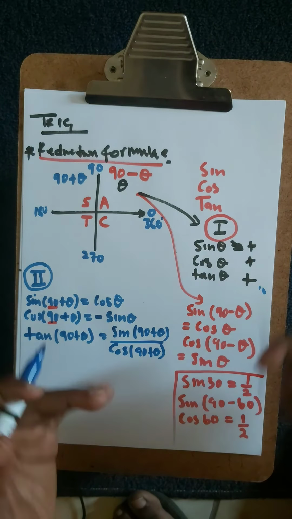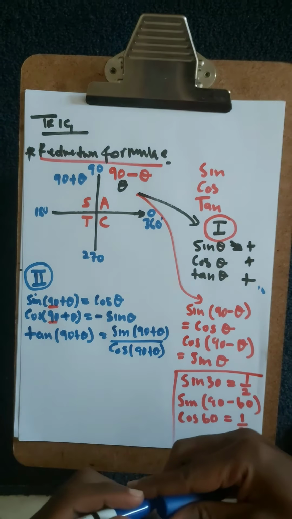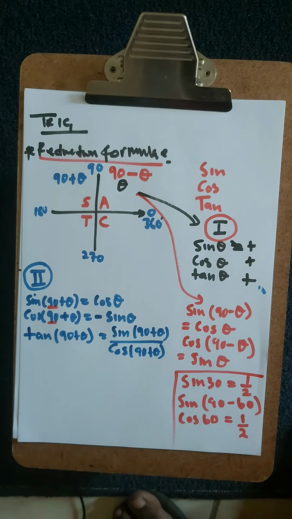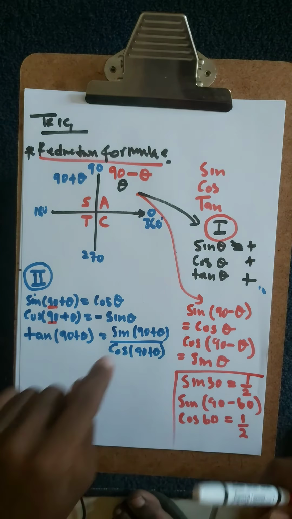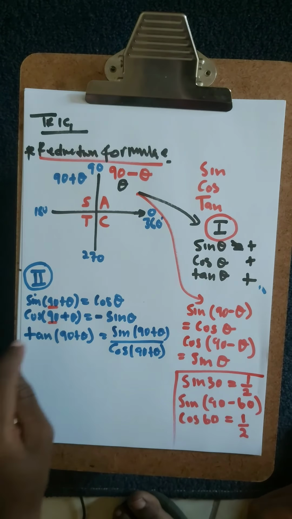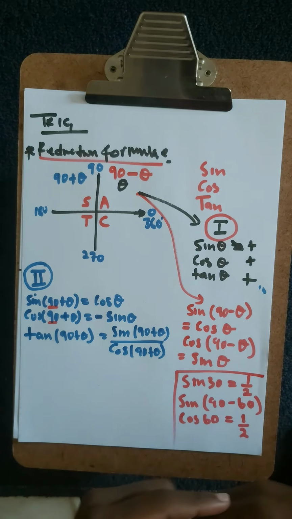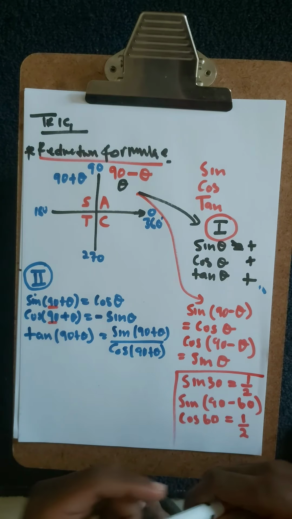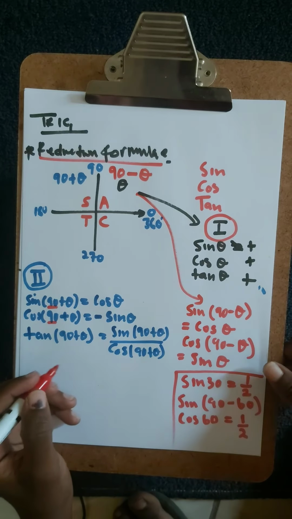By identities, tan is basically sine over cos. Then you change this one according to this. We'll discuss this thing, just know that tan is basically sine over cos, but you'll understand it better when you deal with identities.